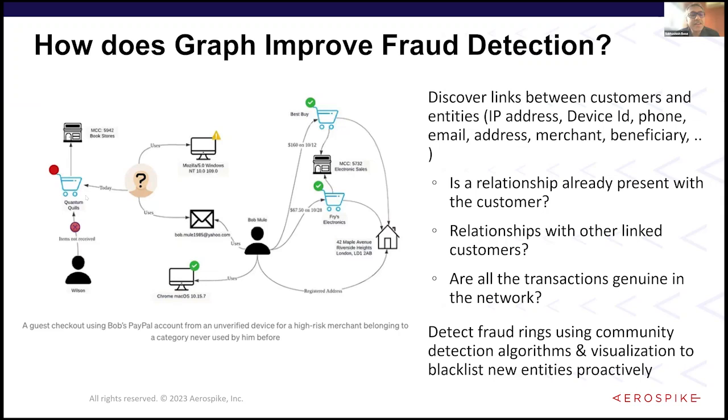And if you see on the right, these are linkages of the usual behavior of the customer, in terms of the merchants where this person is shopping, or those merchant category codes, because often we're all creatures of habit.